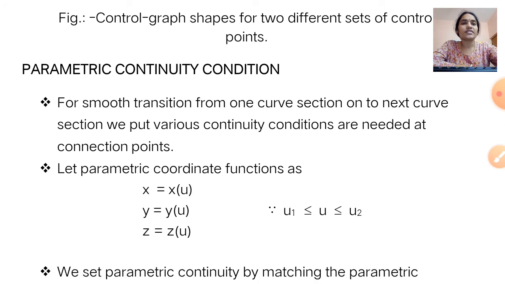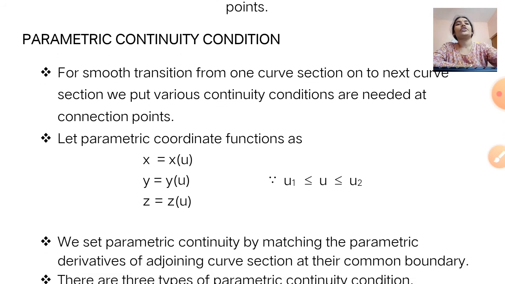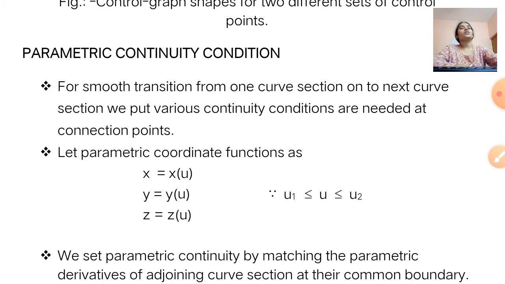Next we will discuss the parametric continuity condition. In parametric continuity condition, we need a smooth transition from one curve section to the next curve section. This type of condition is known as parametric continuity condition.